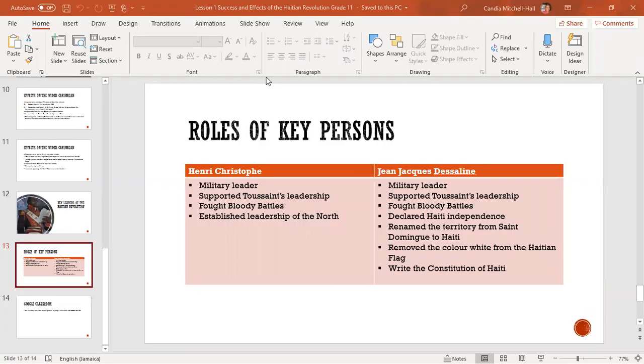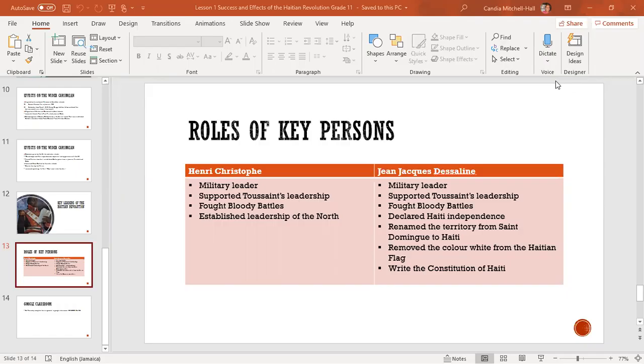What is the name Haiti? What does it mean? What is the indigenous word? We know the indigenous word is Haiti, but what does it actually mean? Anyone? Sir, what do you say? Sir, it has something to do with gold.